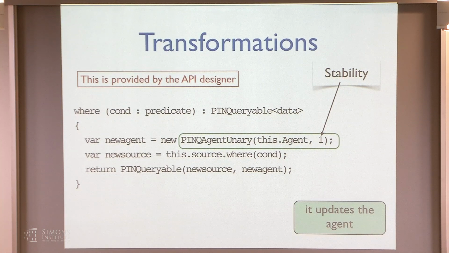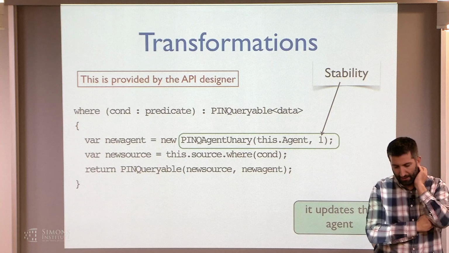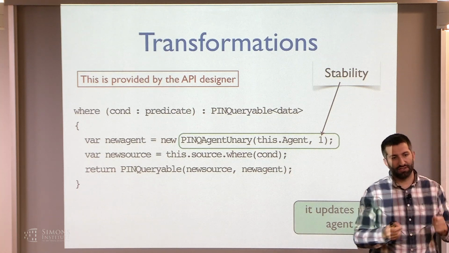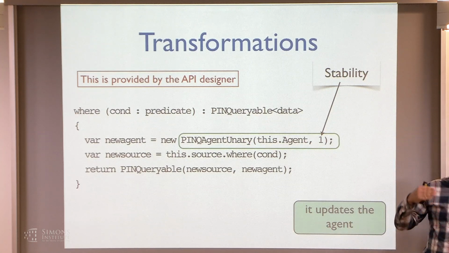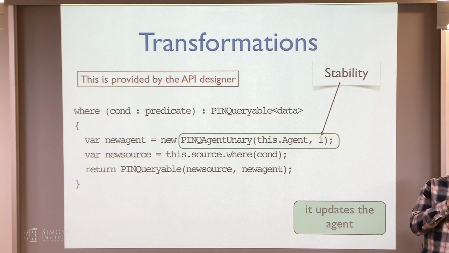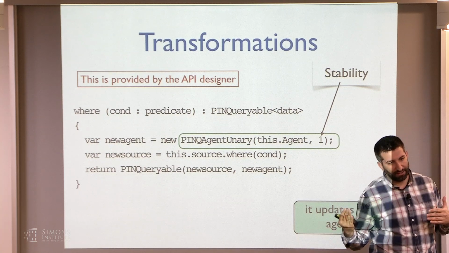And stability, does that mean sensitivity? No, okay, I didn't want to go too much into the detail, but the way Frank uses stability is the idea that we start with a data set and we generate a new data set, and stability is how much influence one record in the original data set has in the transformed data set.